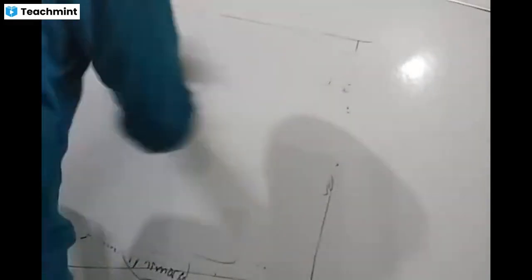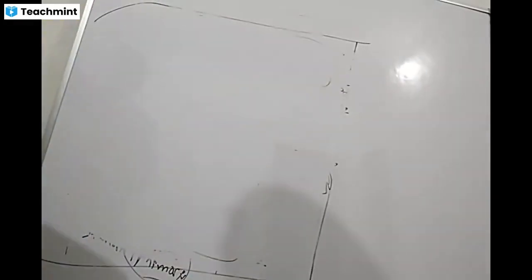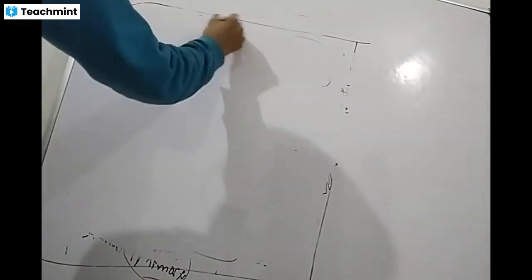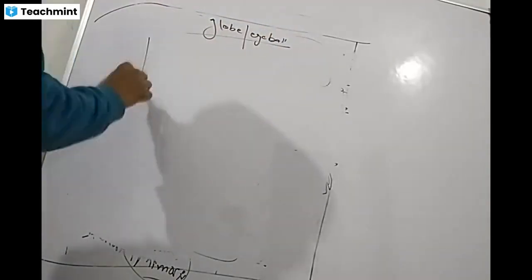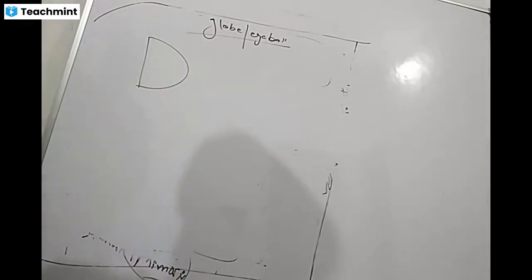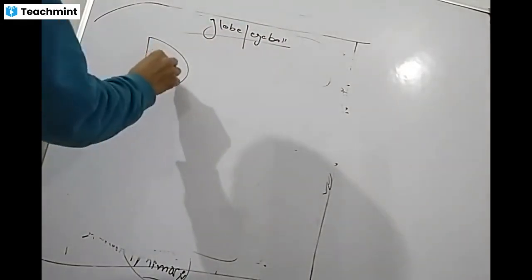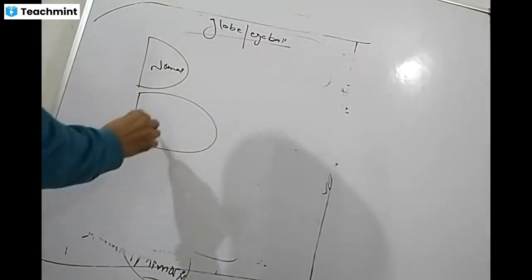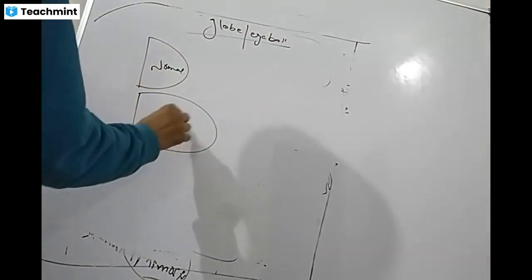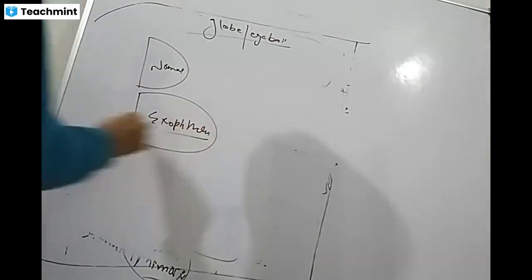So if we see the globe itself, globe is your eyeball, there are three conditions. This is the normal globe. If it becomes like this, it is exophthalmos.